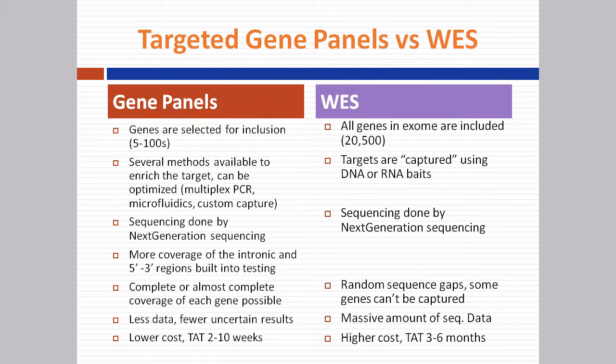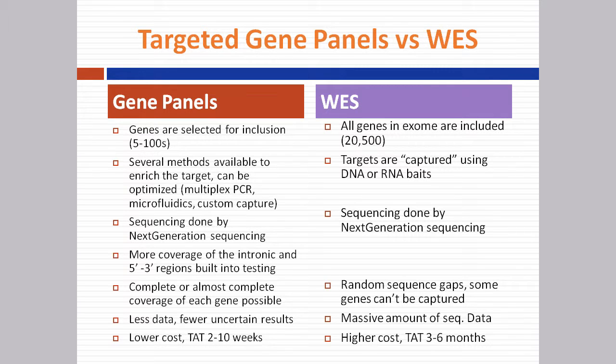So if you compare that to the gene panels, really very quickly, obviously exome sequencing gives you way more material. You have all genes you can look into. We are using capture, and there are different methods available for panels. We use next-gen sequencing for both applications.